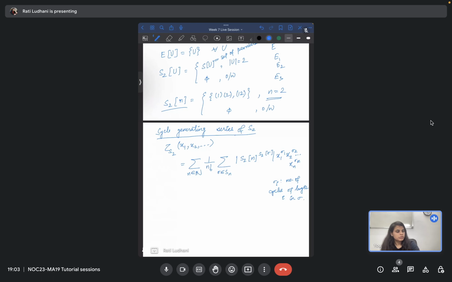So you can just consider n to be 2. So this summation collapses to n equals 2. So you just take 1 by 2 factorial, summation over sigma belonging to S2, and you have S2 of sigma, x1 to power sigma 1, x2 to power sigma 2, up to and so on, xn to sigma n.